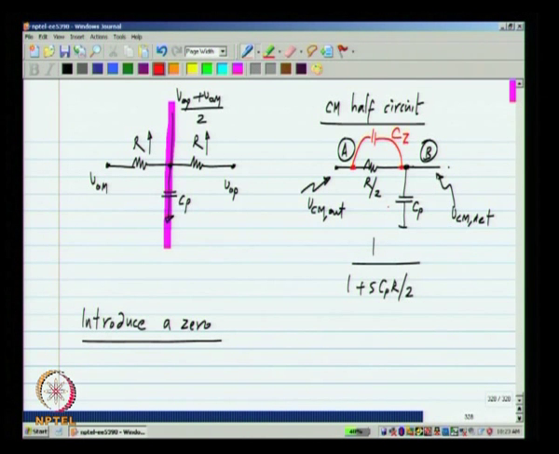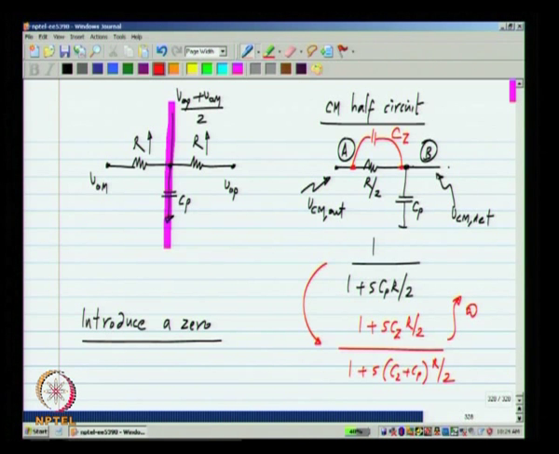Now, in this particular case, the transfer function changes to, from A to B, it will be, okay. So, at high frequencies, it will simply be that of the capacitive divider.